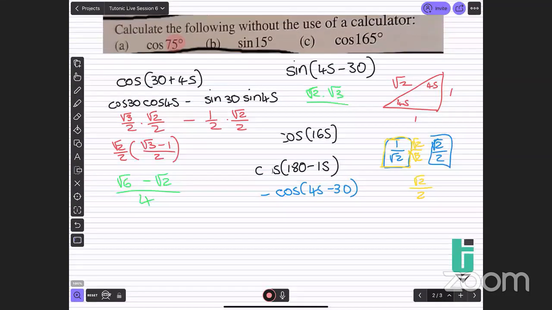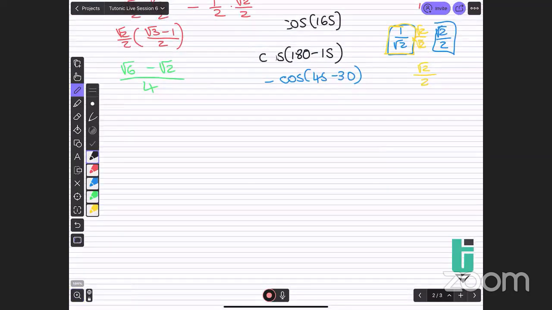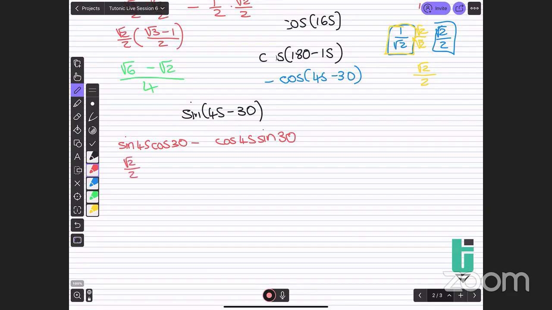So let's do sine 45 minus 30. What's the sine rule? Sine 45 cos 30 minus cos 45 sine 30. Okay, so let's simplify. Sine 45 is root 2 over 2. Cos 30 is root 3 over 2.